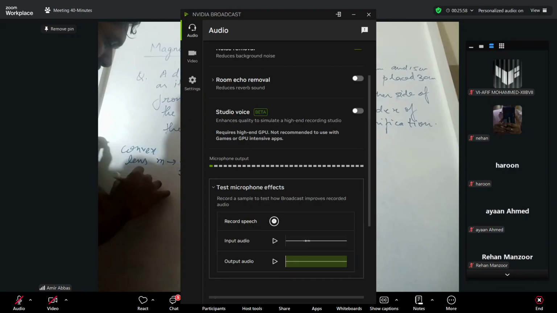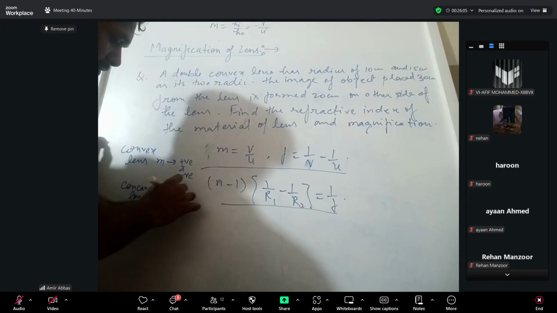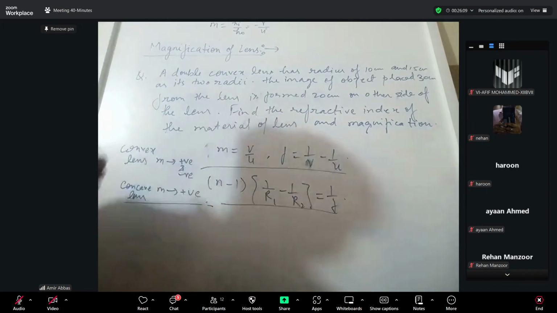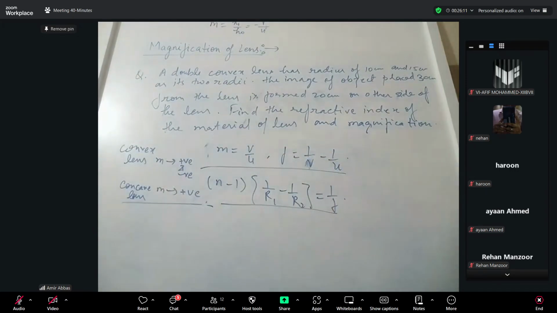For concave lens, M is always positive because a concave lens never forms a real inverted image. Have you seen in any case that a concave lens forms a real and inverted image?